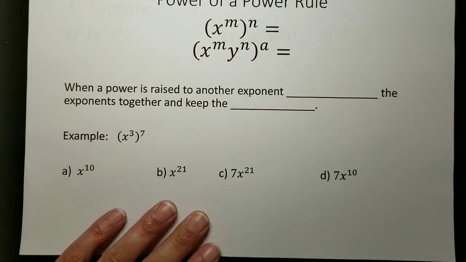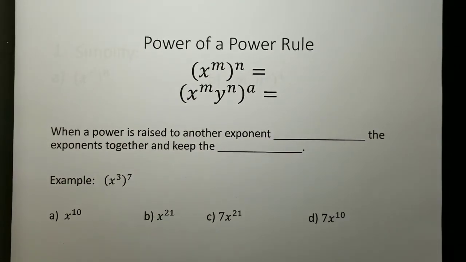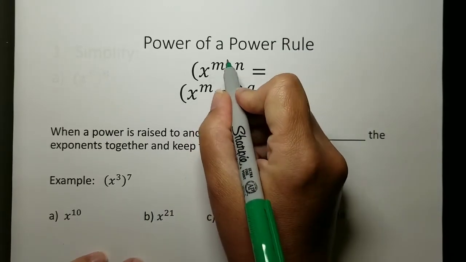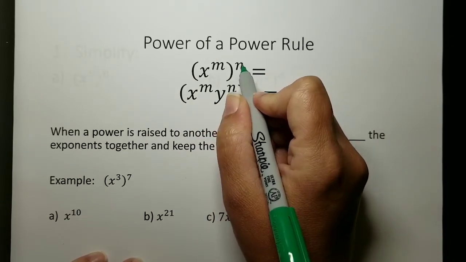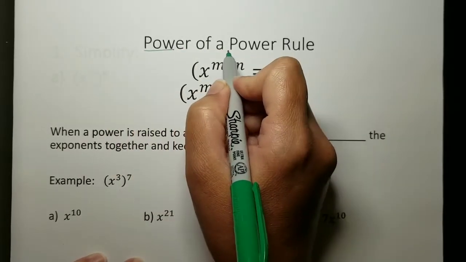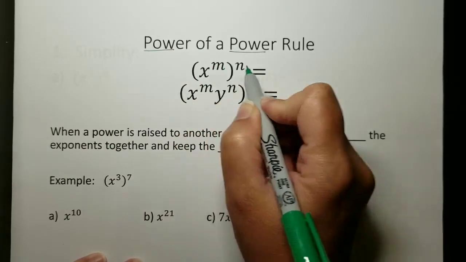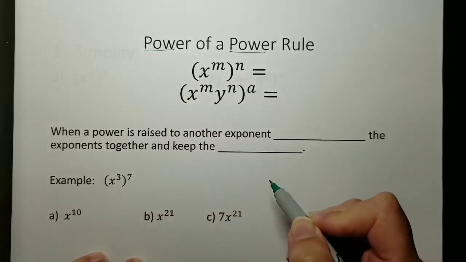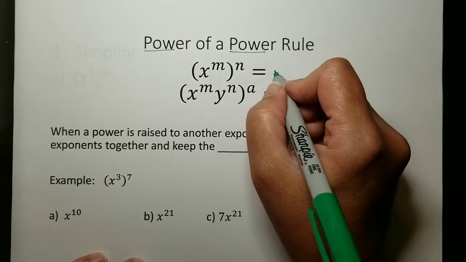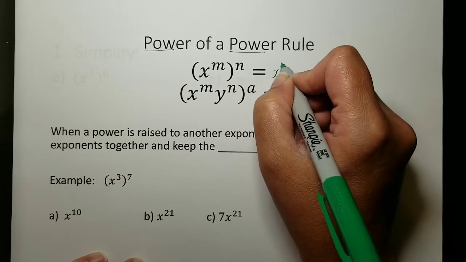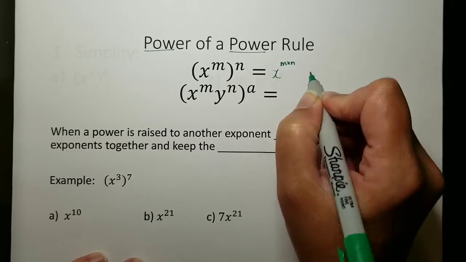So we're going to generalize this and write down a rule. If we have x to the exponent m, and then that whole power raised to the exponent n, that's why this is called power of a power. I've got a power inside, and then that's also raised to another exponent. So it's nested, like a power within a bigger power. This is going to be x to the exponent m times n.